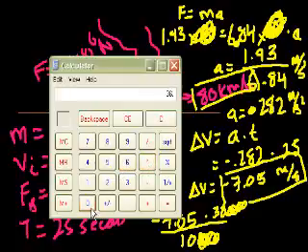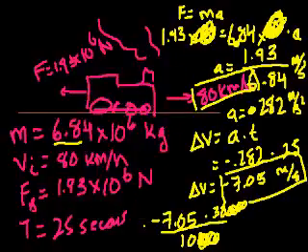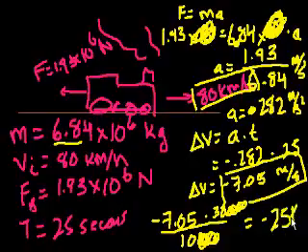I just got rid of zeros. I'll write the zeros there just so you don't get confused. Divided by 1,000. That equals 25.39 kilometers per hour. So I'll just round to 25 kilometers per hour. So the change in velocity is minus 25 kilometers per hour.